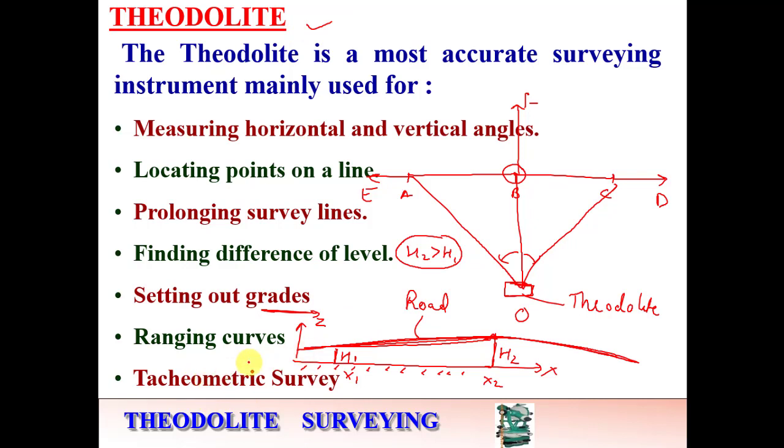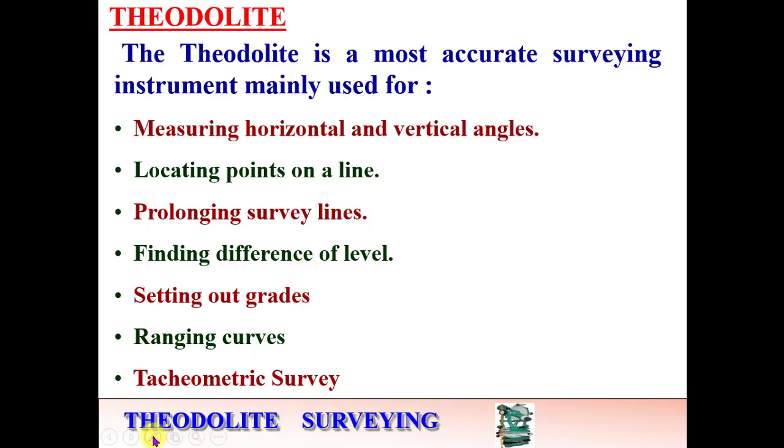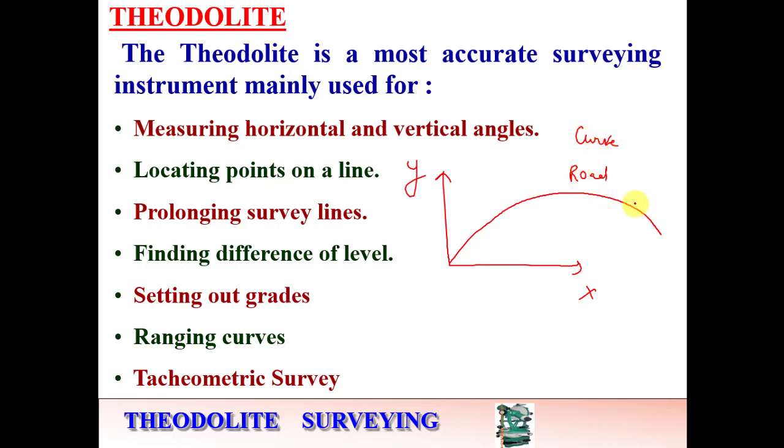Similarly, if we apply this to the construction of a road on a horizontal plane, let me clear this. Suppose this is your horizontal plane and this is the profile of your road. In this case we have a curve on a road, and this is the center line of the road.